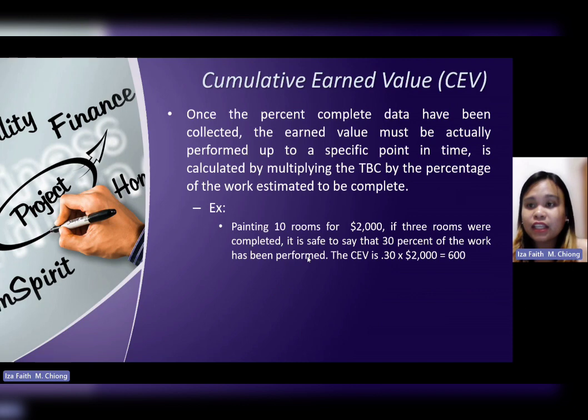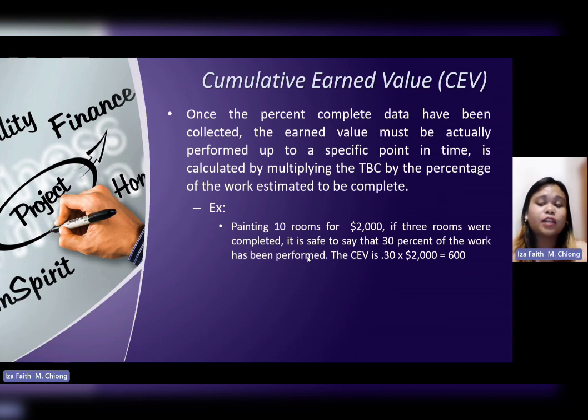Next, cumulative earned value or CEV. So once the percent complete data have been collected, the earned value must be determined for the work actually performed up to a specific point in time. It is calculated by multiplying the TBC, the budgeted cost, by the percentage of the work estimated to be complete.